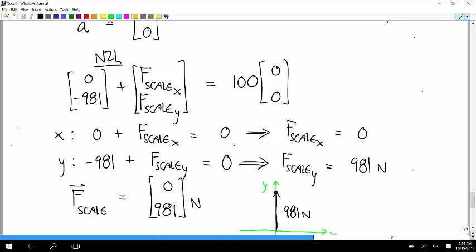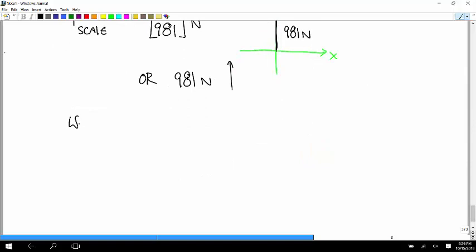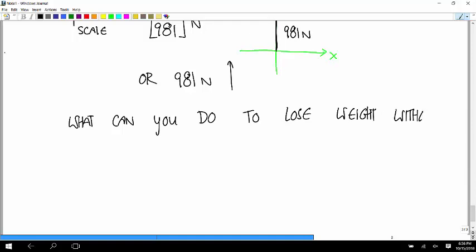Okay, so say you want to lose weight. So what can you do to lose weight without diet or exercise, or without waiting a whole bunch of weeks and stuff like that?